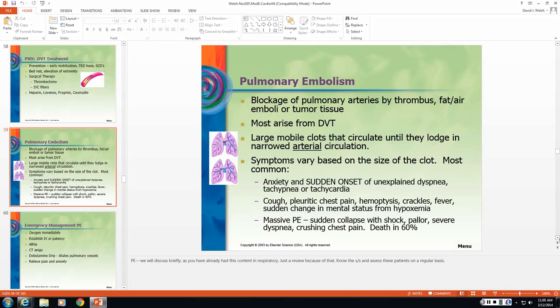Usually they're going to have a cough or pleuritic chest pain, hemoptysis, crackles, fever, sudden change in mental status from hypoxemia. With a massive PE, you're going to have a sudden collapse with shock, pallor, severe dyspnea, crushing chest pain. Death usually occurs in 60% of these patients with a massive PE.